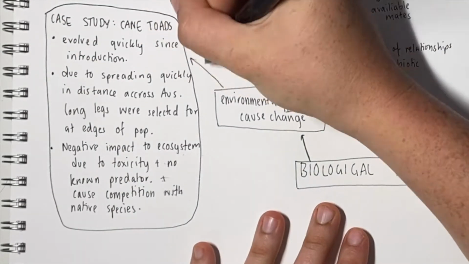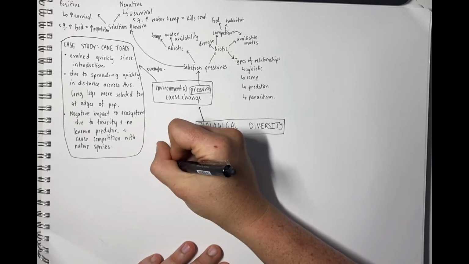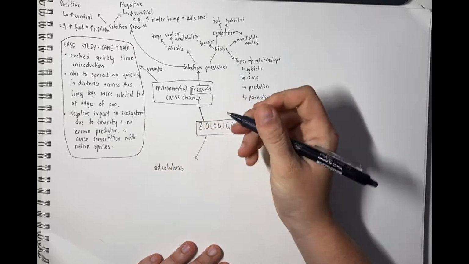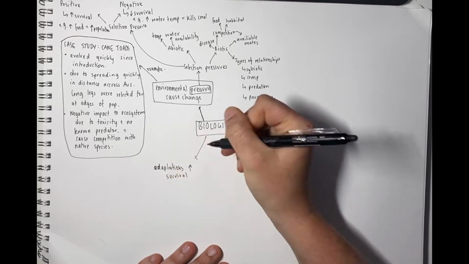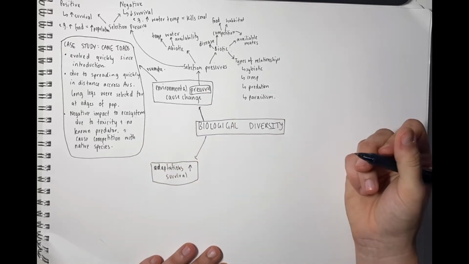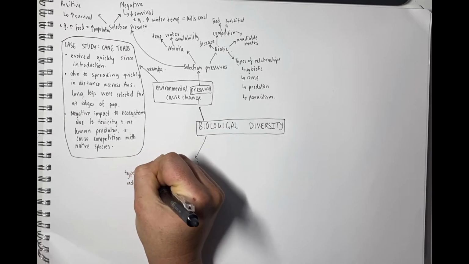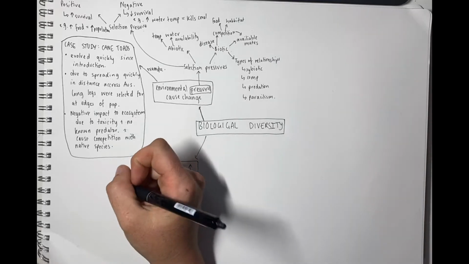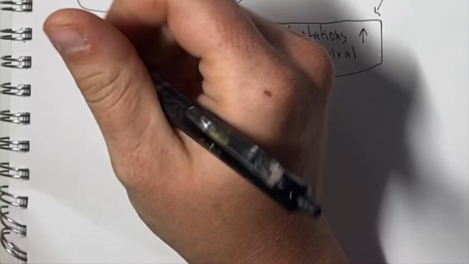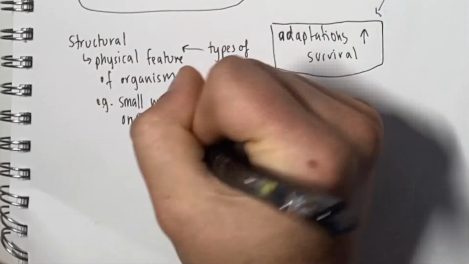All right. So that's the end of inquiry question 1, looking at environmental pressures that cause change. Next, we're going to be looking at adaptations that increase survival. We looked at the 3 main types of adaptations. The first type was structural, and structural involves a physical feature of an organism, for example, waxy leaves on a eucalypt.